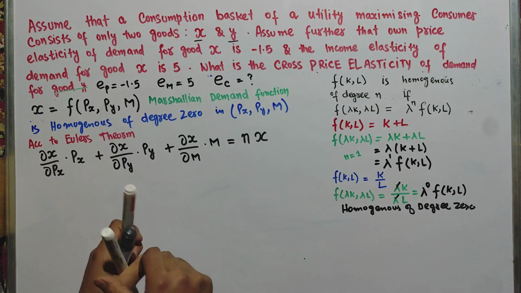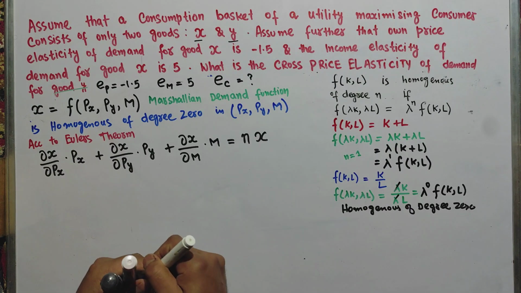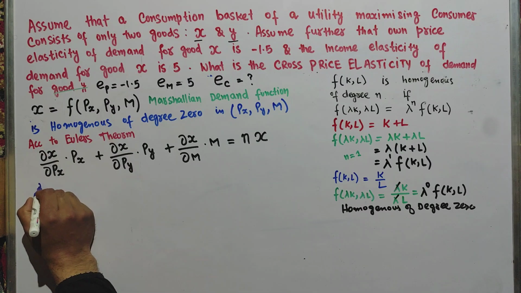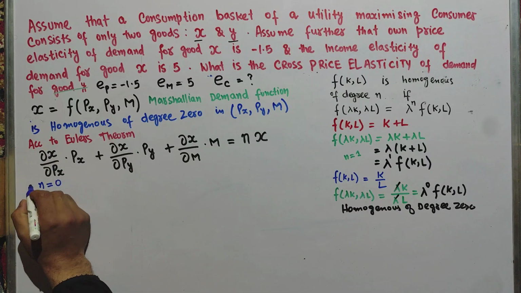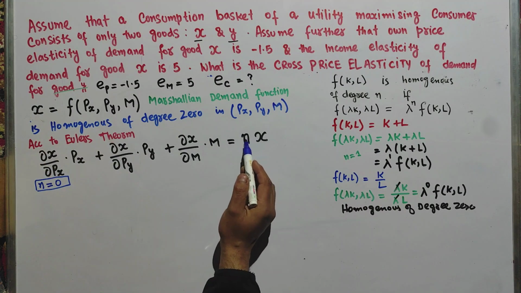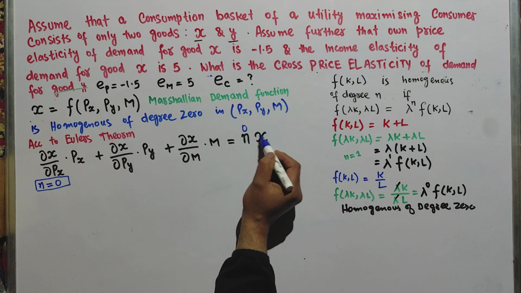Since we know that n is equal to 0 here, in place of n we have 0. 0 times x will become 0.